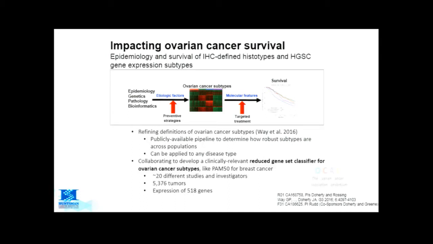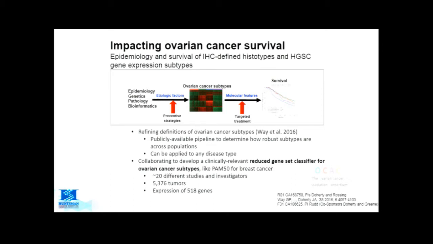The other thing that we're doing is, again, in order to leverage the existing data that we have on ovarian cancer, we're trying to develop a reduced gene set classifier similar to OncoDX, which was mentioned earlier, or PAM50, which is something that was developed here.